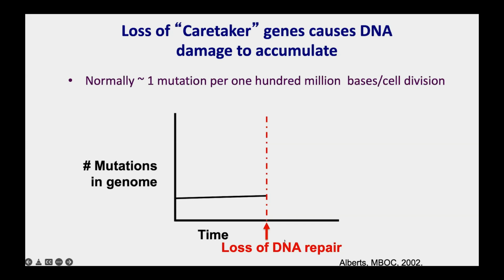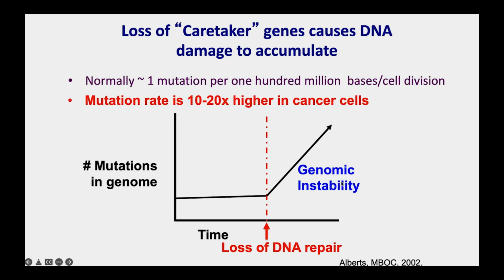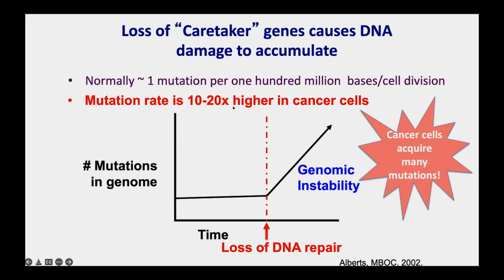If there's loss of a DNA repair system, then all of a sudden a whole lot of mutations occur. That's when the cell is called genetically unstable, which is a characteristic of advanced tumor cells. In fact, the mutation rate in cancer cells is typically 10 to 20 times higher than in a normal cell. So again, cancer cells acquire many mutations once you lose DNA repair.